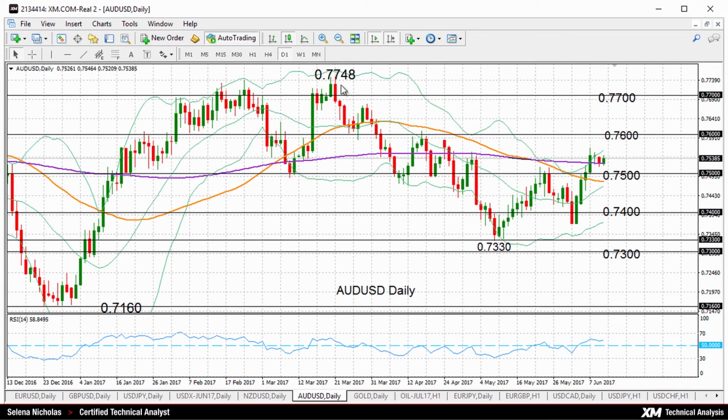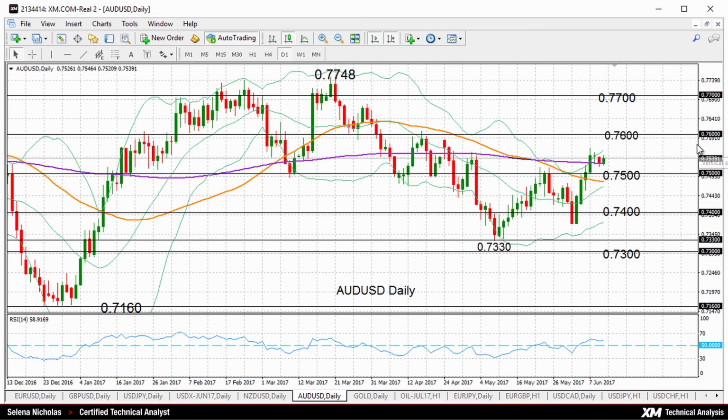It was in a recent downtrend from 0.7748 down to 0.7330 until we saw a bounce higher. Now we need to see further bounce higher, at least above 0.76 and up to 0.77 in order to change back to a more bullish outlook.